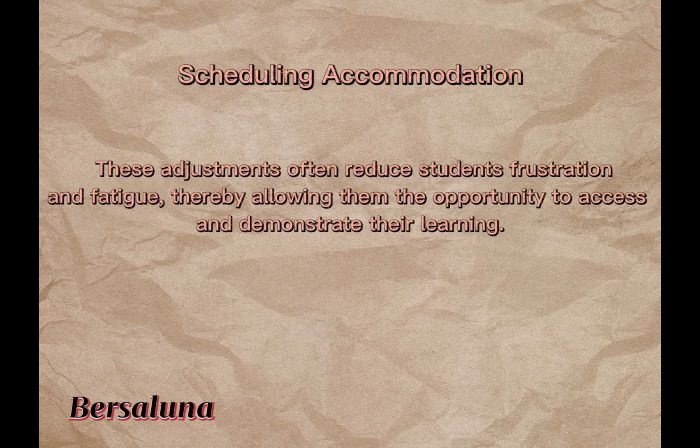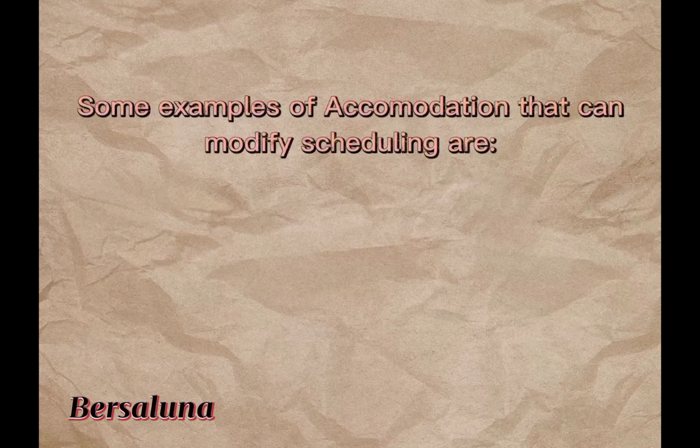Timing and scheduling accommodations provide support that allows students with disabilities to access the same instructional opportunities as students without disabilities. As with other categories, keep in mind that timing and scheduling accommodations. Some examples of accommodations that can modify scheduling.